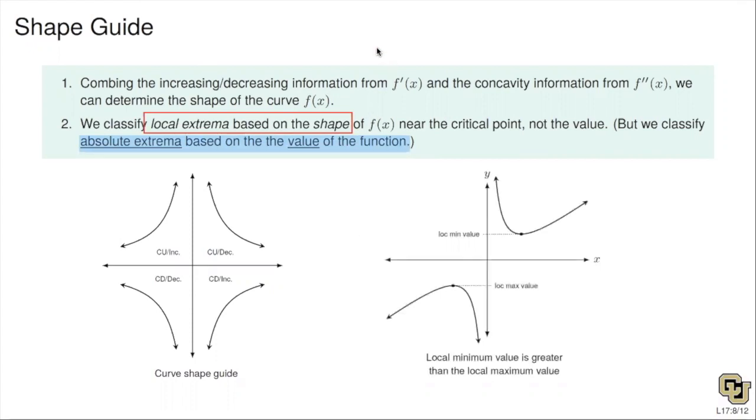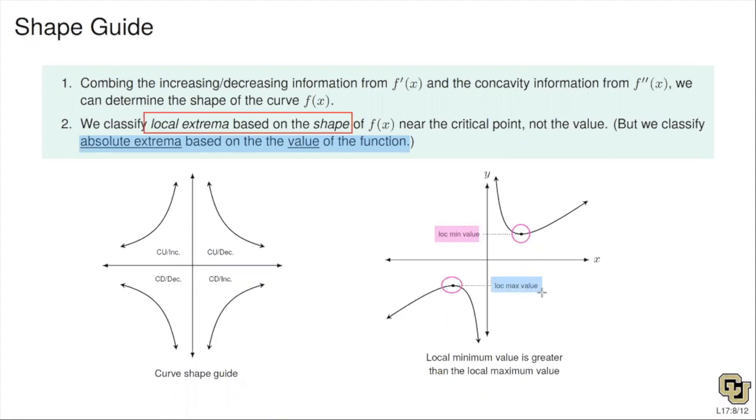In this example, we have a local min right here. We have a local max right here in the third quadrant. And now if you look, the y value of the local min is actually larger than the local max value.